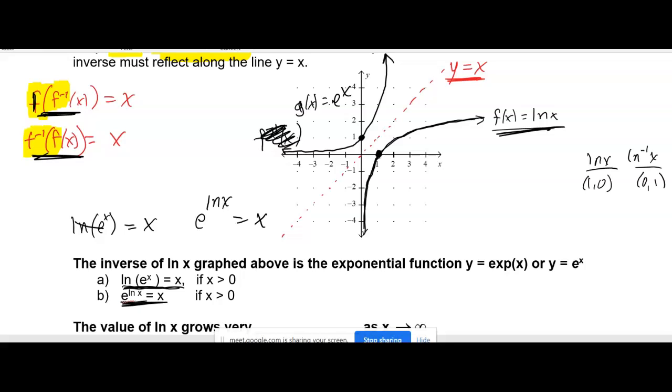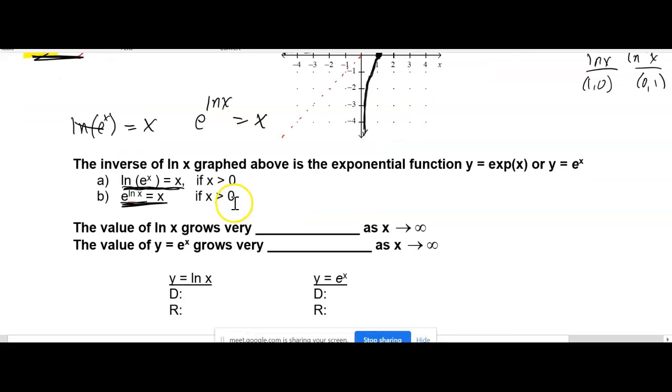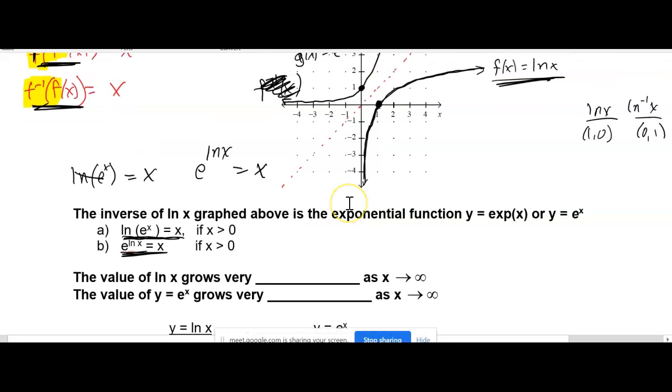All right. If we go to the next thing, let's write these down. The value of the natural log of x. So if we look at the natural log of x here, it starts out very quickly, but in reality, once we start going towards infinity, he grows very, very slowly. He works really hard. He likes plugging away, but he's just slow.